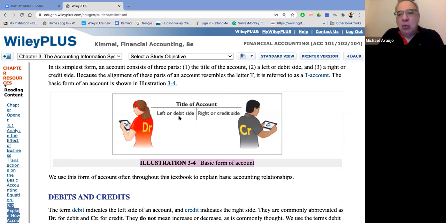Whenever we remove cash, whenever we use cash to pay a bill or something like this, then we shrink or decrease the cash account on the opposite side, which in this case is the credit side. So what you're going to be learning here in this part of the chapter is that assets, liabilities, and stockholders' equity all have their own little ways of increasing and decreasing.